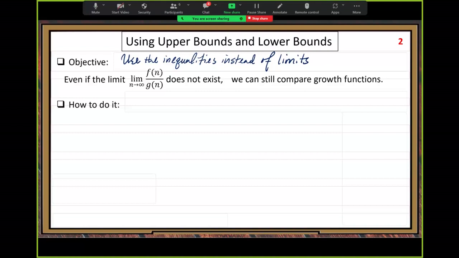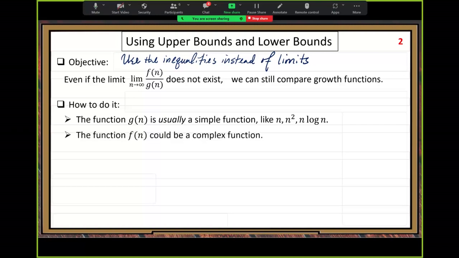How to do it? The g function is usually a simple function, the growth function. Remember, after 2 rounds of simplification, the g function is usually simpler, like n squared or n log n. The f function could be a complex function. So then, we use constant multiples of g to approximate the f function.